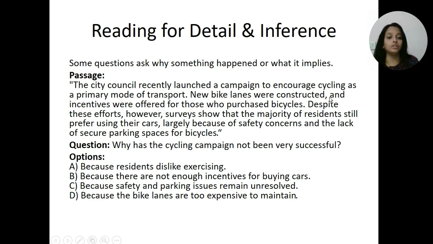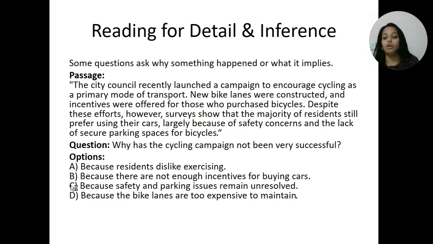New bike lanes were constructed and incentives were offered for those who purchase bicycles.